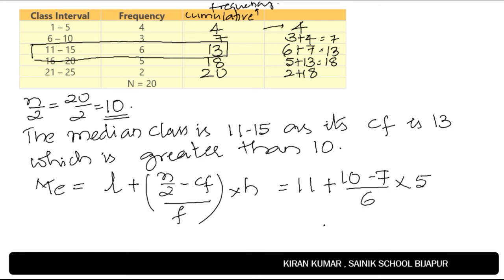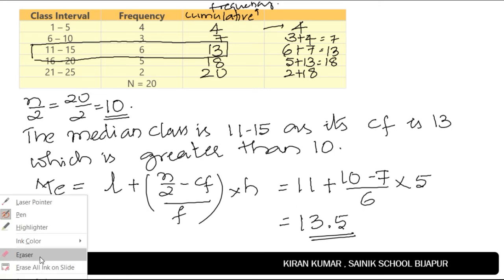Why is it 5? It is because the intervals are inclusive type. Therefore, we get 13.5. So the median of the given data is 13.5.